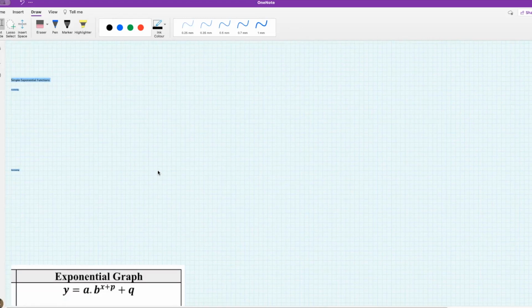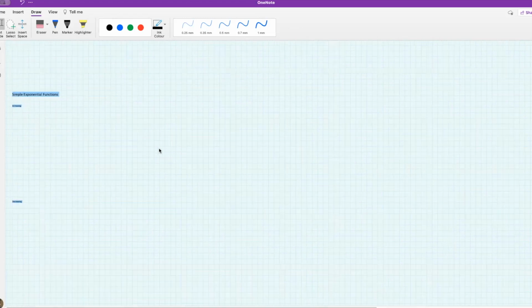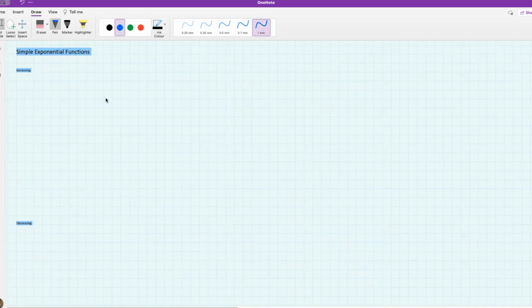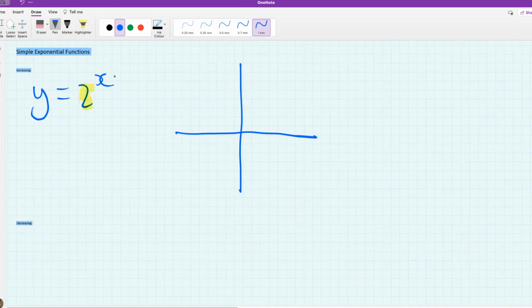So let me just draw a couple of exponential functions just to get us started. If I have a basic exponential function like this, if that number is positive, what's going to happen is that the graph will always look like this, like it's taking off, like a plane taking off, and it'll go through 1.